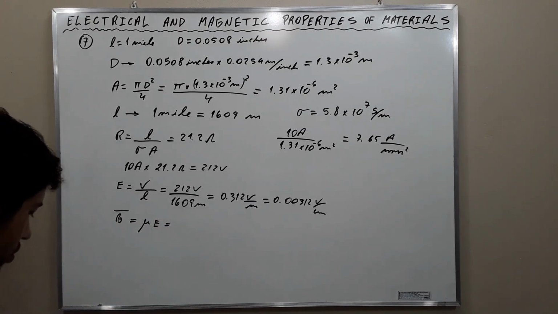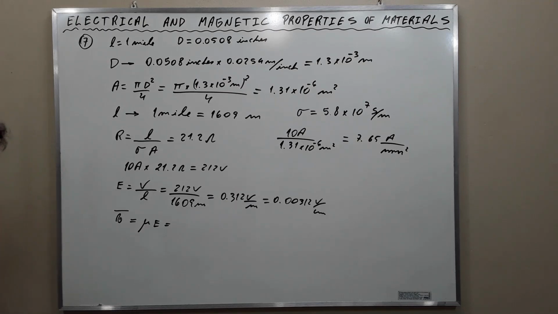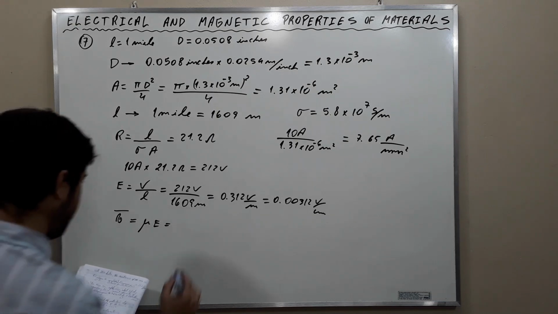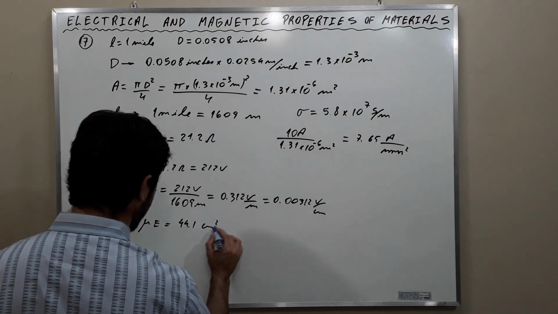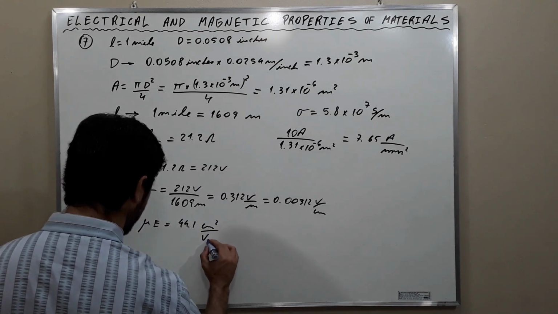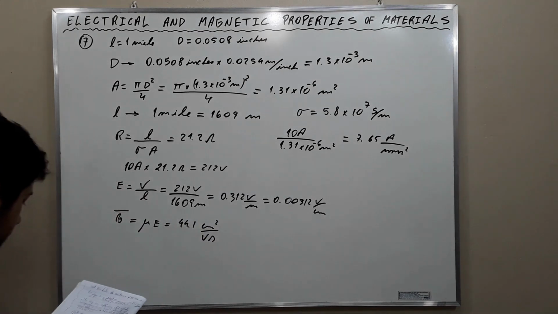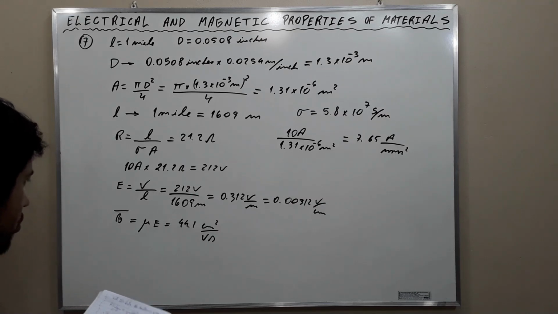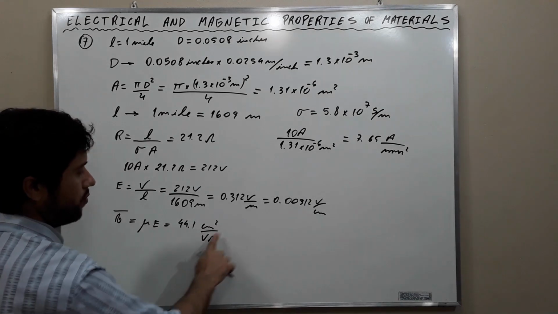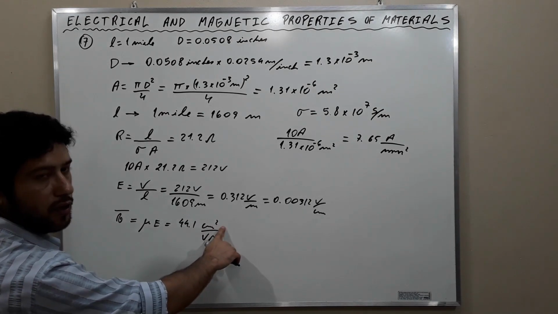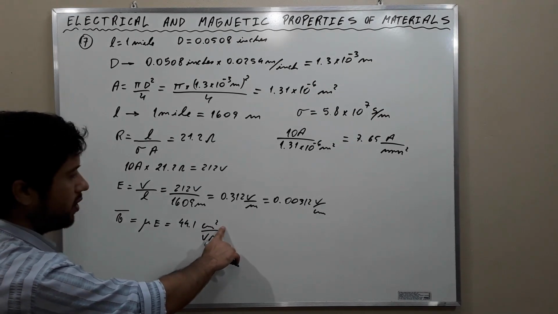We calculated already in a previous exercise that the mobility of electrons in copper is 44.1 square centimeters per volt second. That's why I passed from meters to centimeters, because it is given in square centimeters.